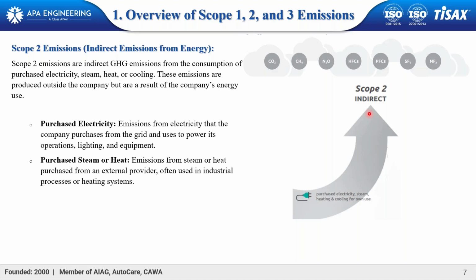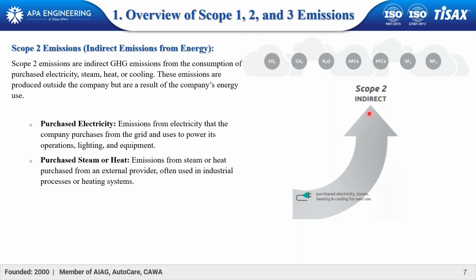So moving to Scope 2 emissions. These are the indirect emissions from energy, meaning indirect greenhouse gas emissions from the consumption of purchased electricity, steam, heat, or cooling. These emissions are produced outside the company, but still result from the company's energy use. The examples include purchased electricity, the emissions from electricity bought from the grid to power operations, lighting, or equipment, and purchased steam or heat.